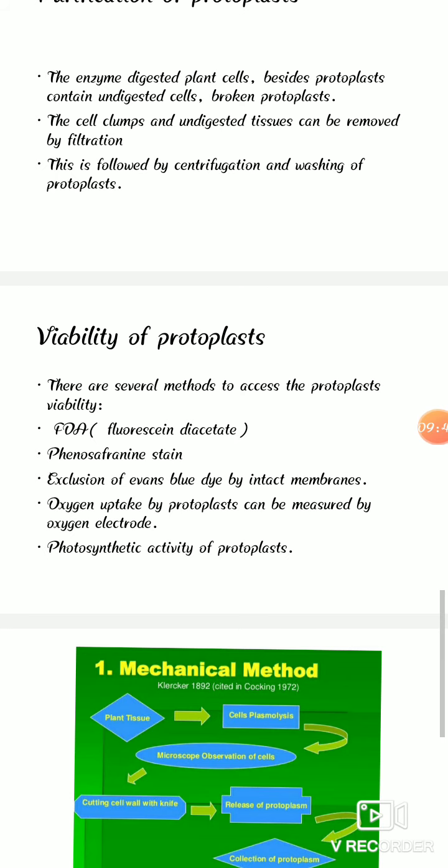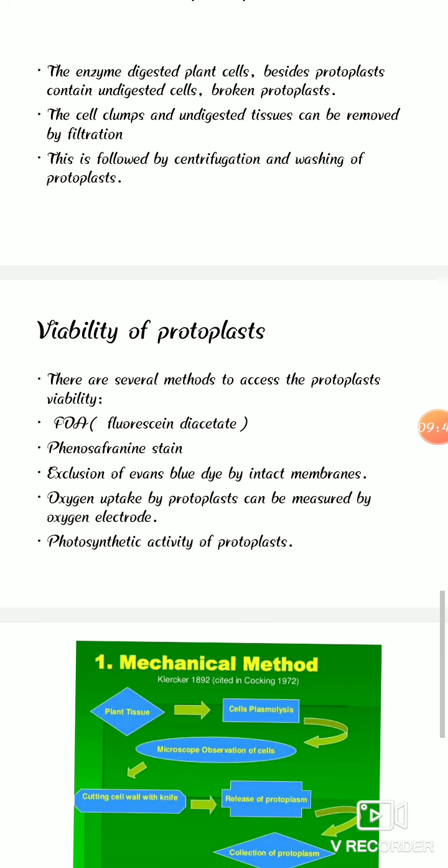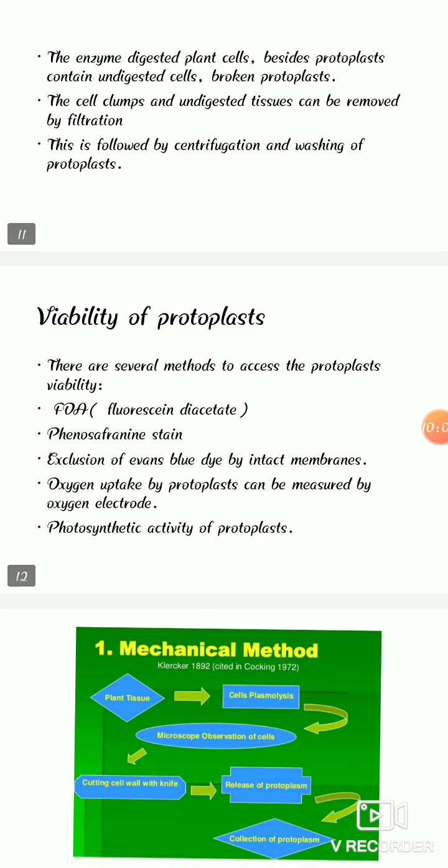Okay, and we can also measure it by the ability of protoplast to undergo continuous mitotic division, and this is a direct method. So you can check the ability of protoplast to undergo continuous mitotic division.